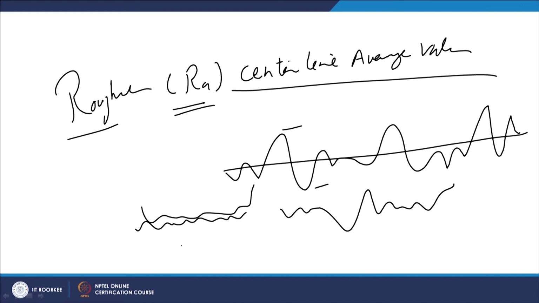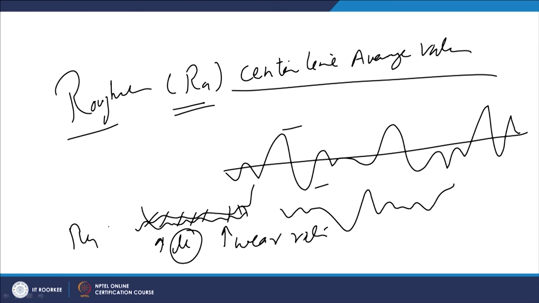So, if the roughness is high, then the interaction or bonding between the peaks and valleys at the mating interface is too much, and that will lead to increased friction. So, higher roughness will lead to higher friction, and similarly the wear rate is also increased. So, an increase in the Ra value will increase the friction as well as the wear rate.